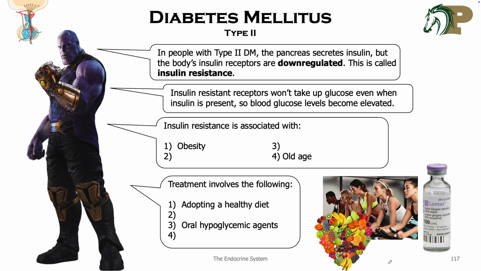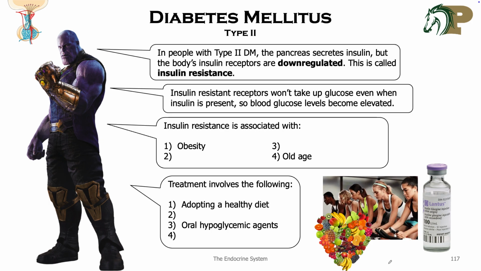Insulin-resistant receptors will not take up glucose even when insulin is present, so blood glucose levels become elevated. So again, notice here that blood glucose levels are elevated in both type 1 and type 2 diabetes, but they're elevated for different reasons.